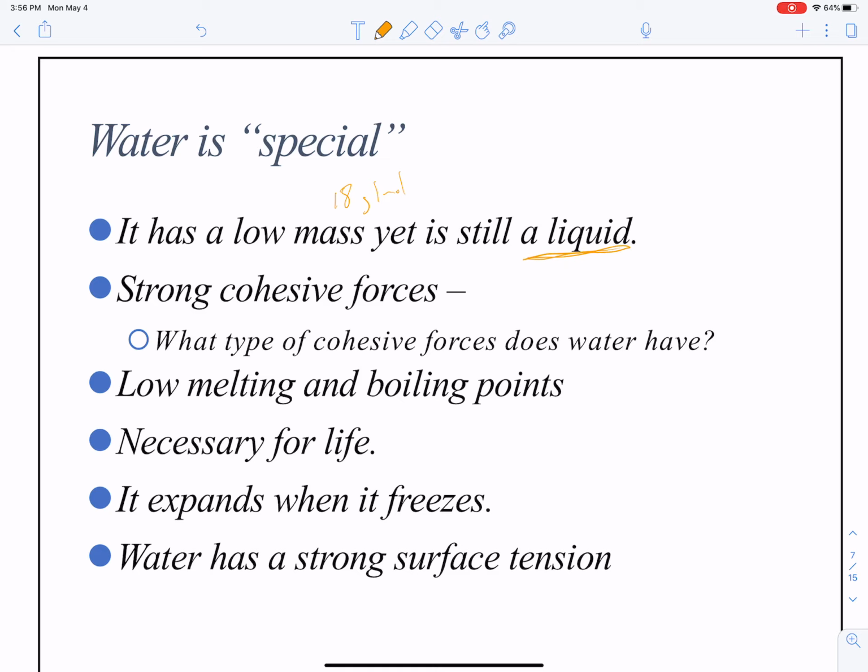The molar mass of CO2, which is a gas, is 44 grams per mole. Interesting. Well, that's because water has lots of cohesive forces, intermolecular forces. The intermolecular force it has is hydrogen bonding.